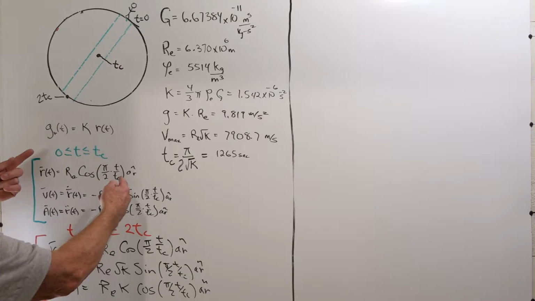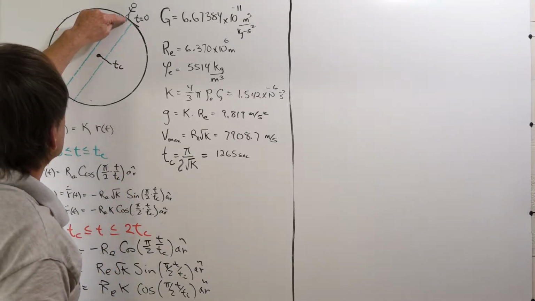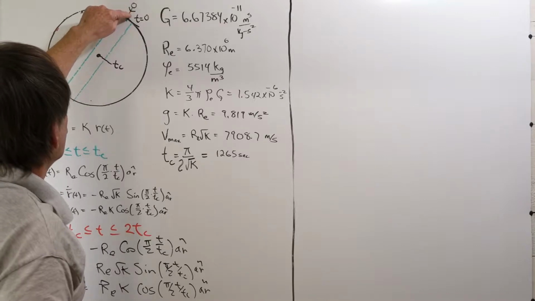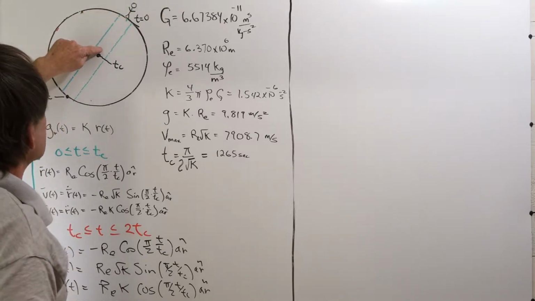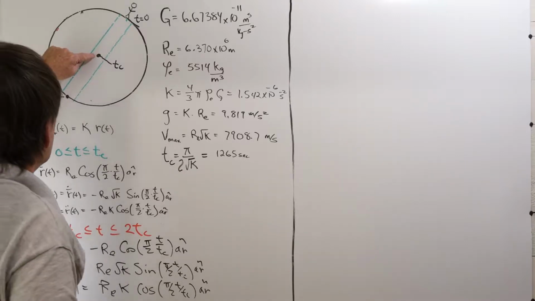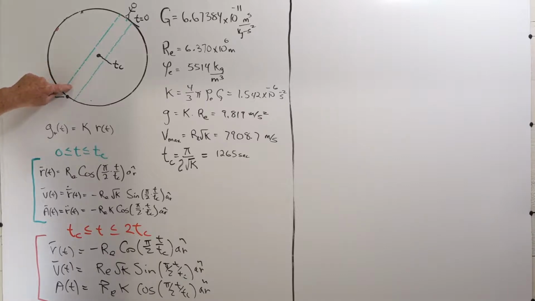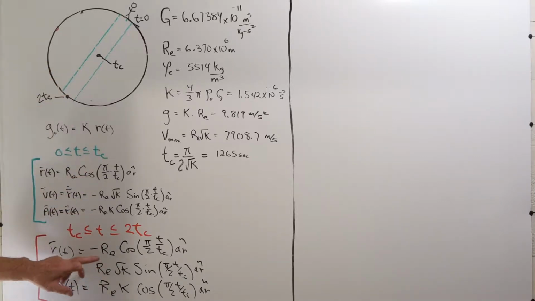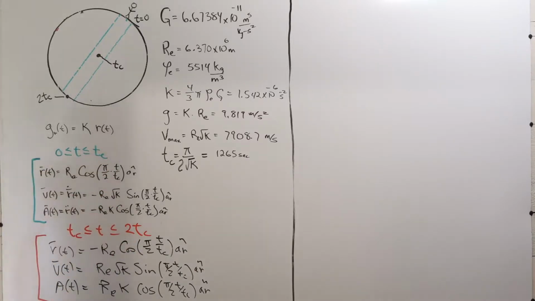And so when we pass the center of the earth, our motion going from the surface to the center, we're going in the minus radial direction, and then once we pass the center of the earth, we're going in the positive radial direction. So that's what gives rise to these minus signs and splitting up into time intervals.